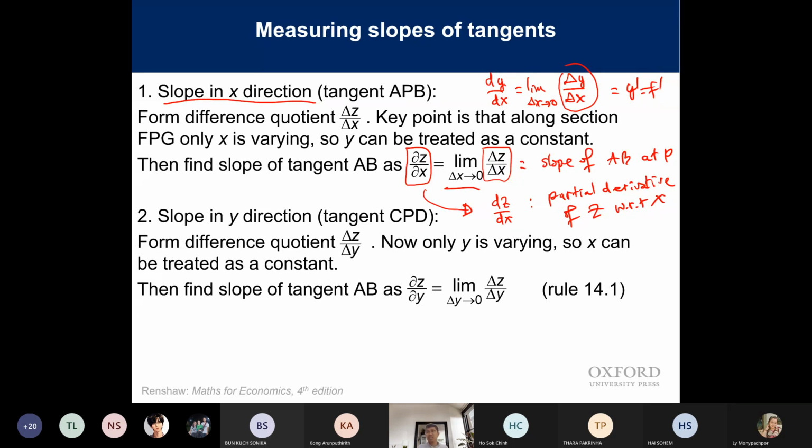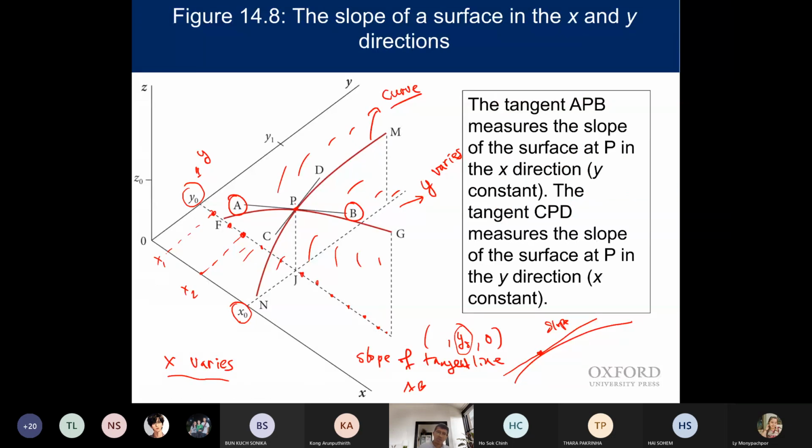Okay, and again, it's just like a slope, right? The slope of the tangent, but which kind of tangent? In x direction, right? But where? Because you have a lot of curves in x direction, depending on where you start. Okay, you start here, at y0.